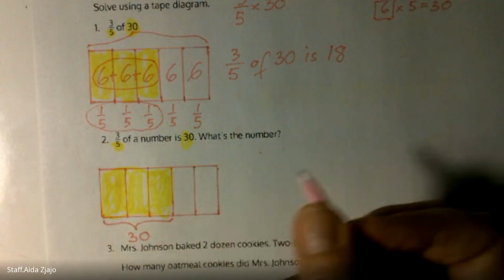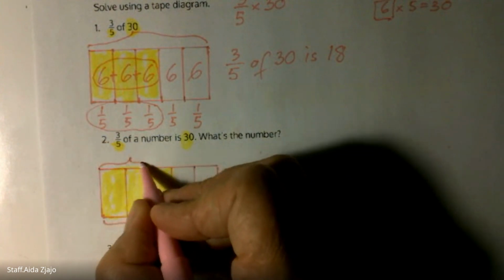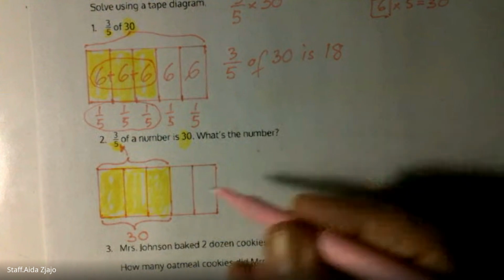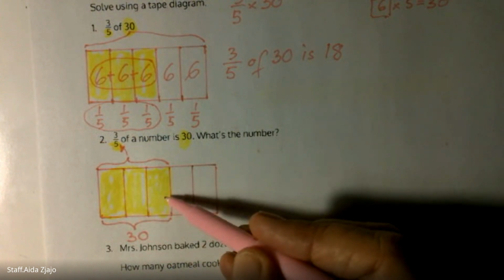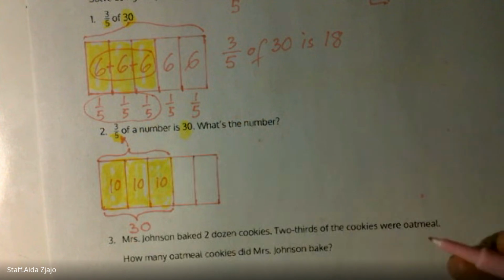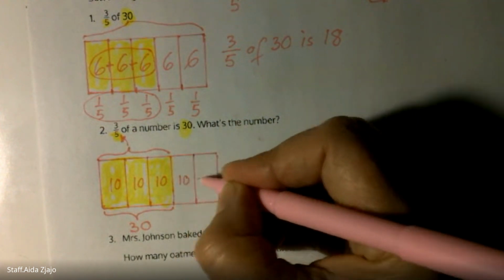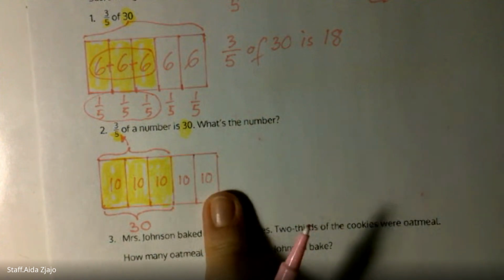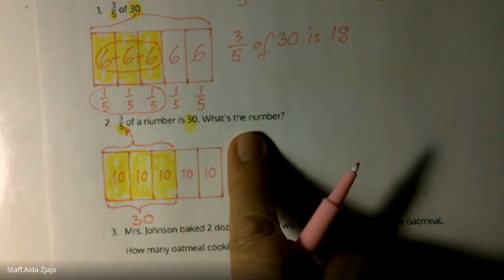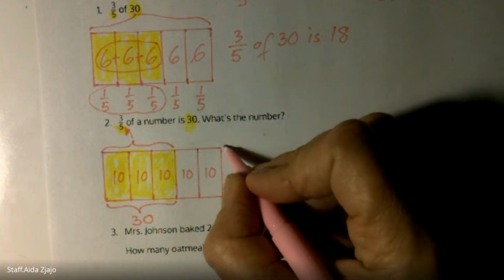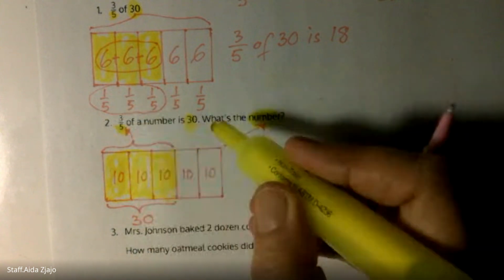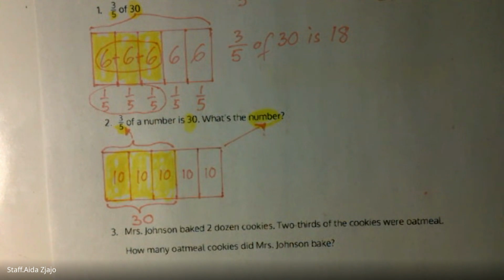Dividing 30 into 3 pieces, each fifth must be 10. Even though we don't have these two parts, together they make the whole, and that represents the whole number. The number that this part of is 30.